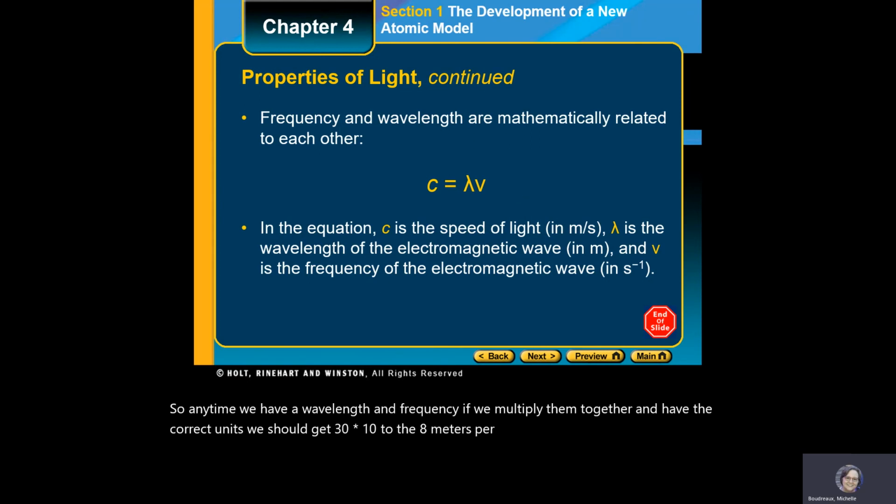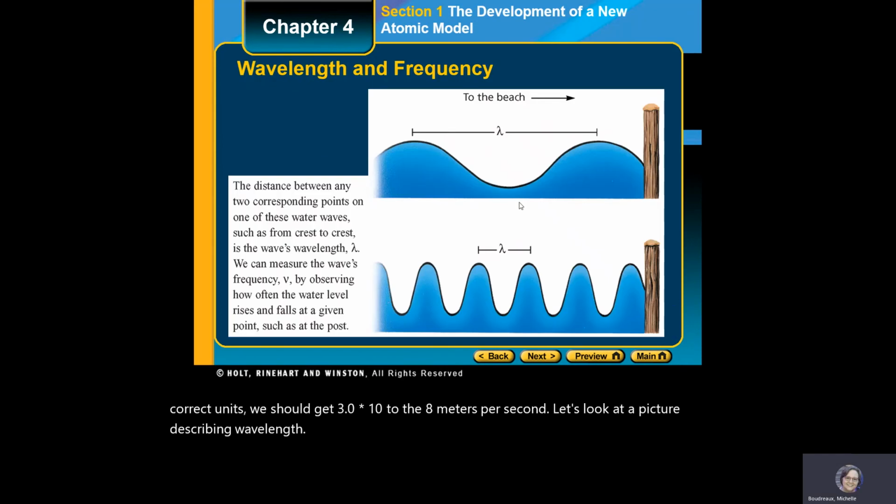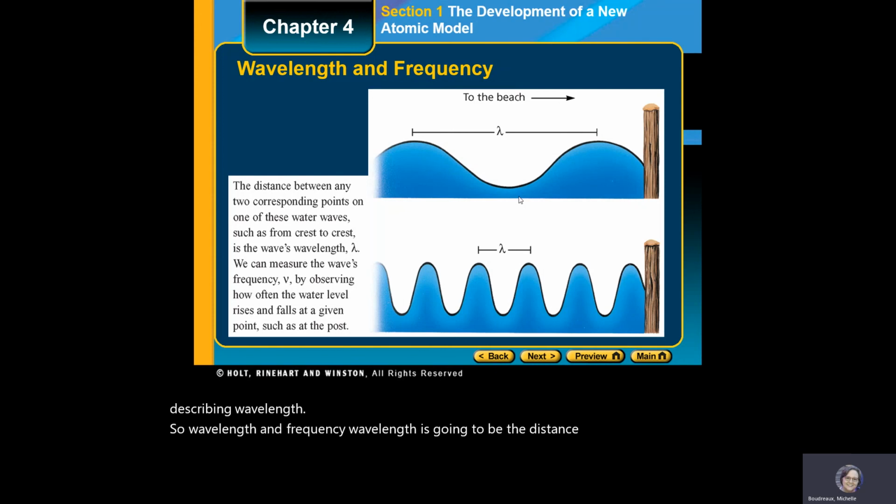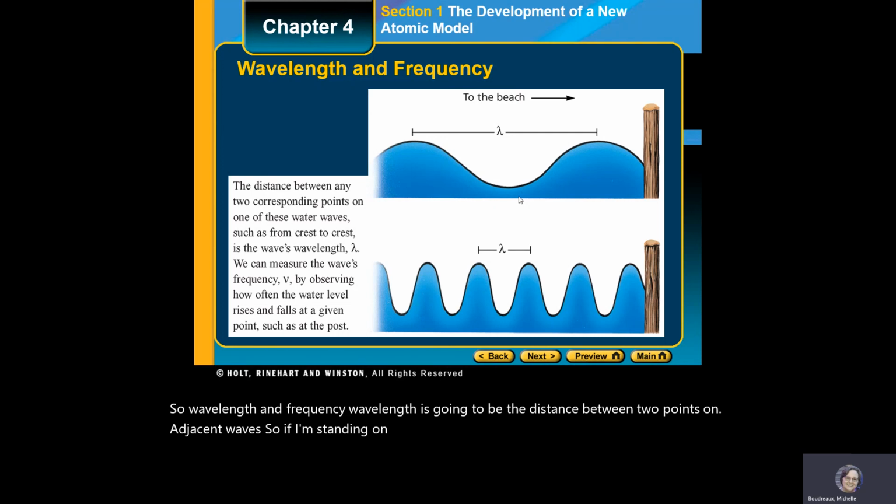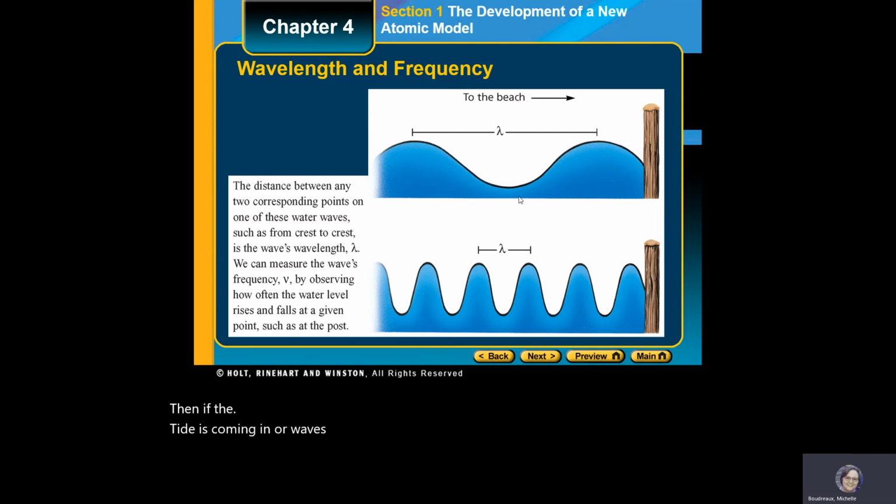Let's look at a picture describing wavelength and frequency. Wavelength is going to be the distance between 2 points on adjacent waves. So if I'm standing on a pier and I'm watching the waves come in, and the waves are coming in slowly, I will see a very long wavelength, like in picture 1.